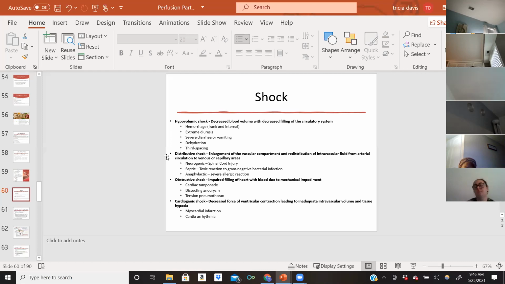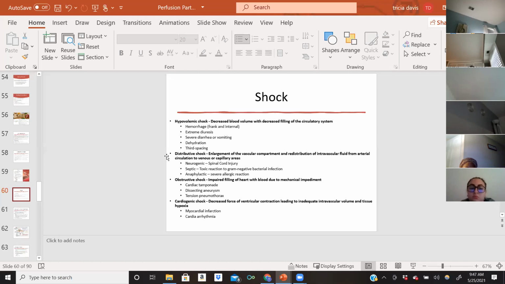We have septic shock, which is a toxic reaction to a gram-negative bacterial infection. We're going to talk about these in detail, but septic shock is something we see all the time in the hospital with flu, with UTIs, when it goes to your blood system. That's when a patient's thought to be septic. And then anaphylactic shock, which is a severe allergic reaction. So that's your distributive shock.